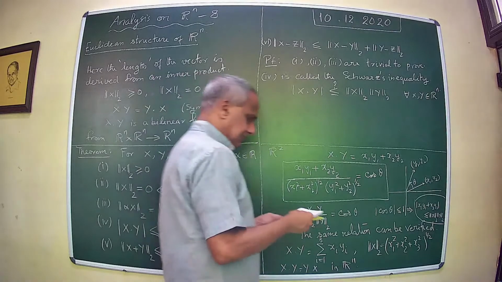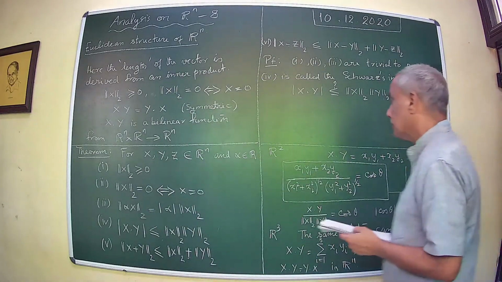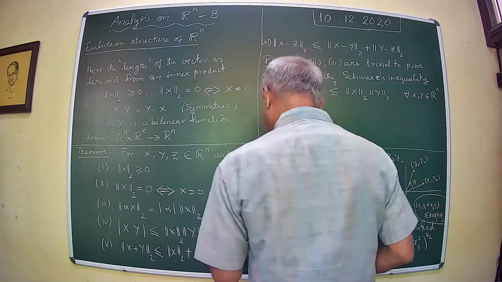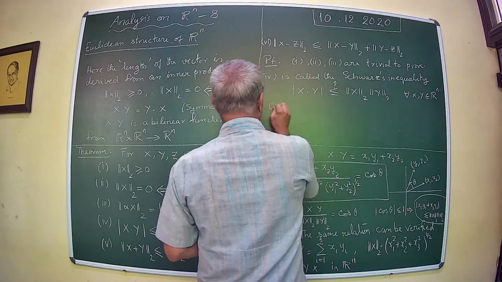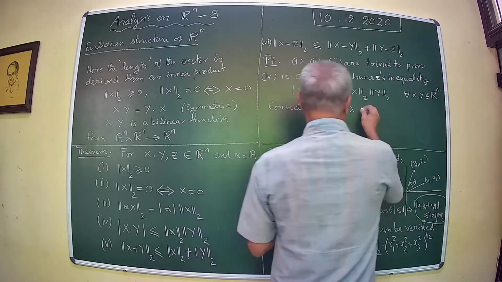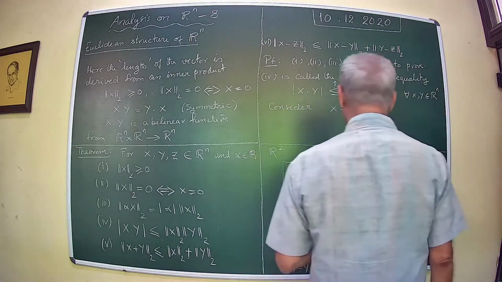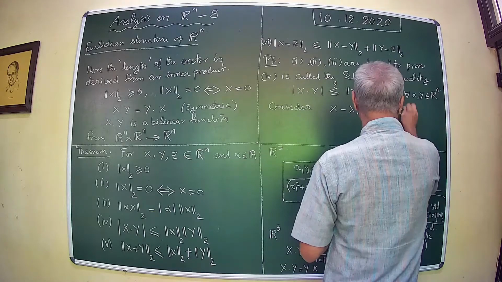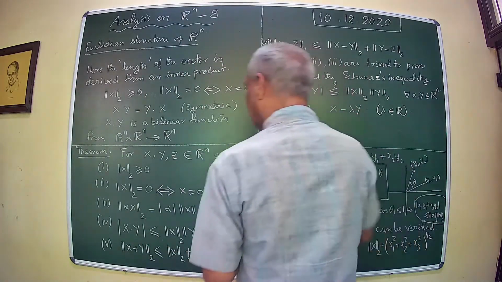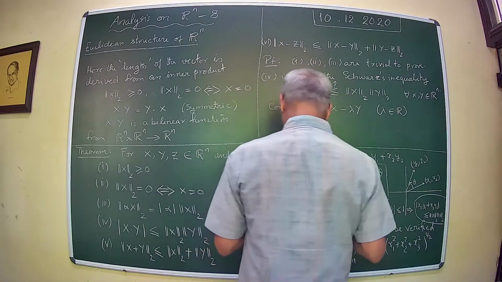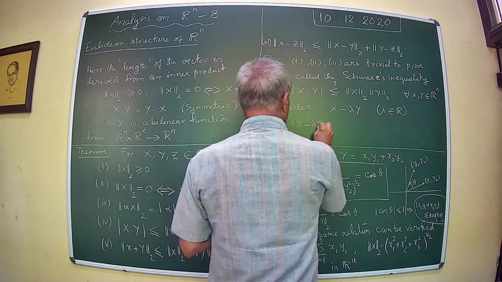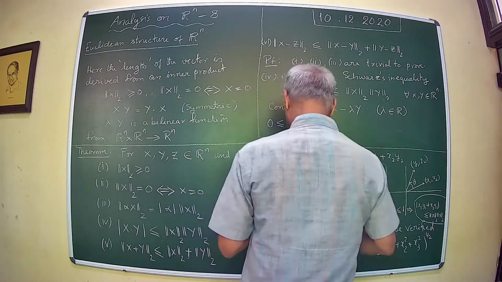What one does is this. We consider the vector x minus lambda y, where lambda belongs to R. Now you know that straight away from property 1, 0 is less than or equal to norm of x minus lambda y whole square.